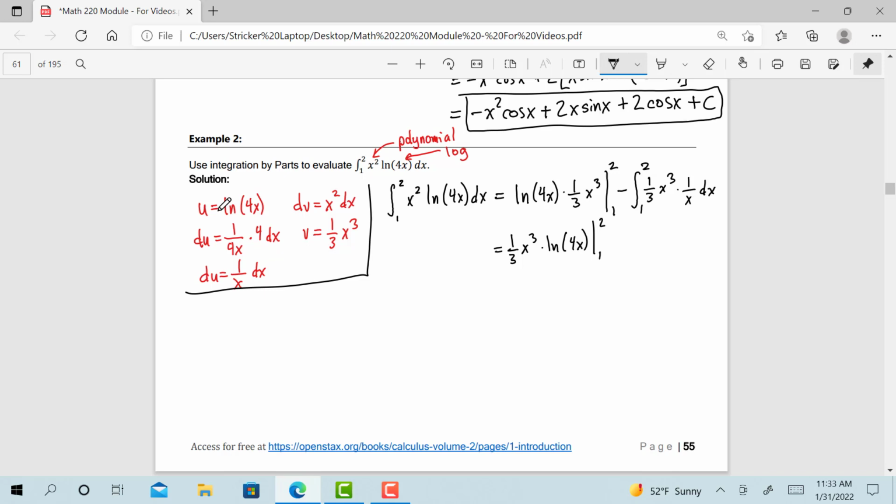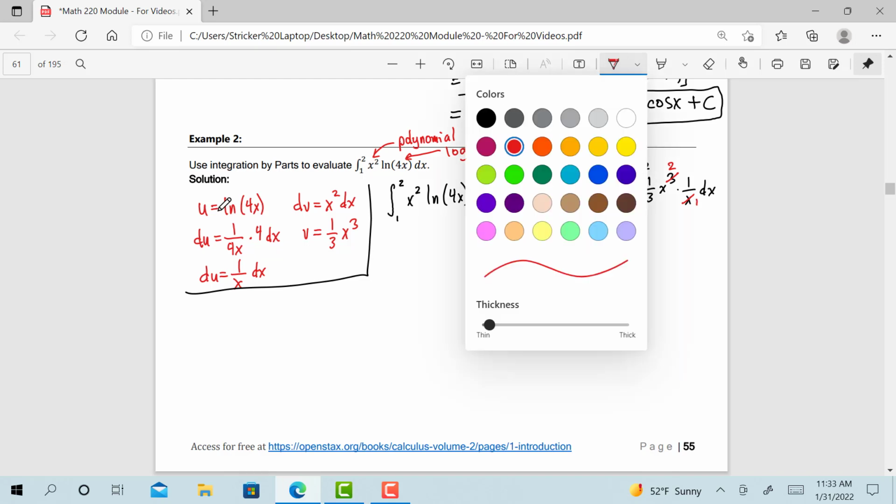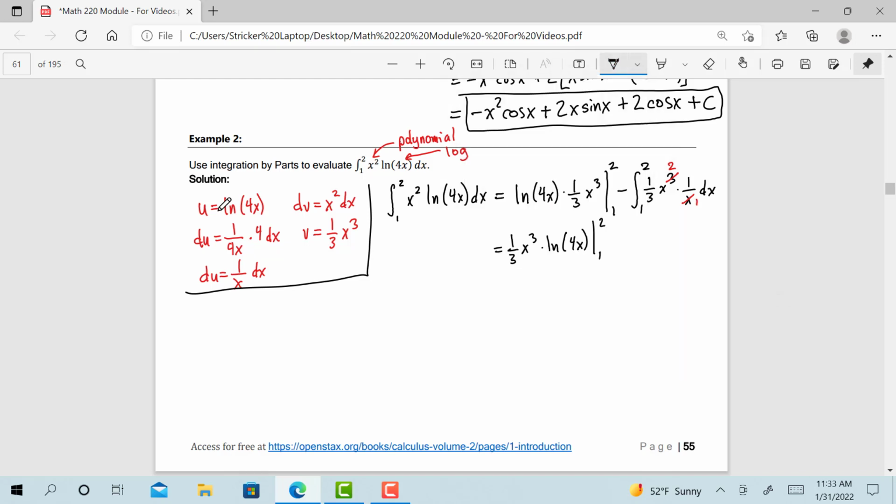And then this is the nice thing about why we want to let u be natural log. When we take the derivative of a natural log, we get x involved, and the natural log goes away, so 1 over x, and that 1 over x is going to simplify with the x cubed, making this an x squared and canceling that out. And so this integral simplifies down nicely.